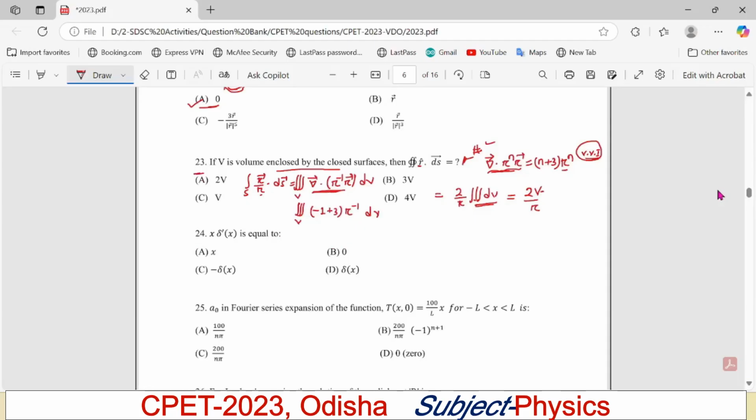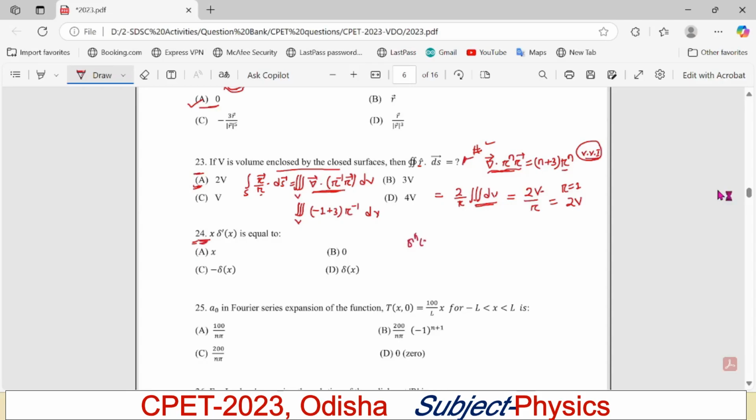If I put unit radius, r is unit 1, then the answer will be equal to 2v. Okay. So for this question number 23, the answer will be 2v. Okay. Now question number 24. x delta dash x is what? This question was repeatedly asked for 3 years. Past 2 years also it is asked. Okay. So for this one we have to consider nth derivative of delta function.